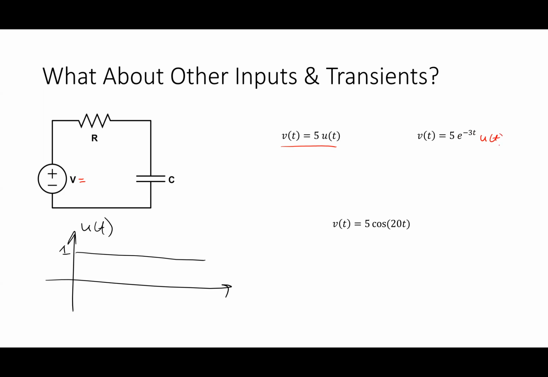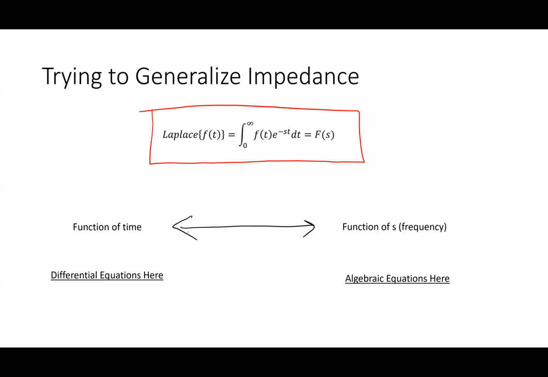And again, I usually multiply these all by u of t to say that they're turned on at t equal to 0. U of t is the unit step, right? U of t is this function that is 1 for t greater than 0 and 0 for t less than 0. And it represents effectively a functional representation of pressing the on button to turn on the circuit, okay?